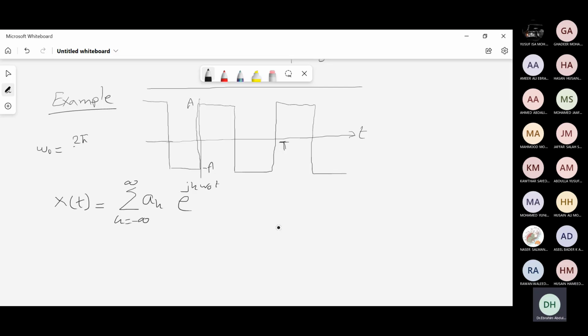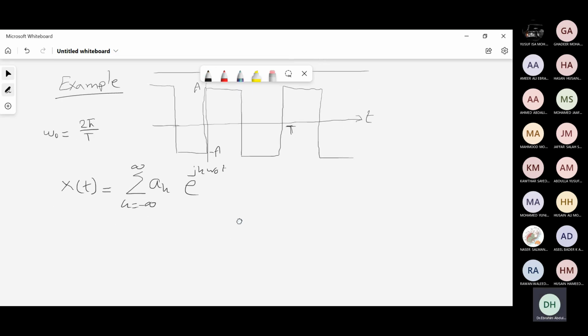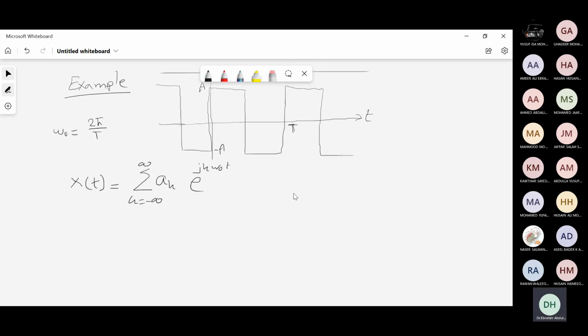It is just equal to 2 pi divided by T, so we can find it directly. How to find a_k? a_k is equal to 1 over T, integration from 0 to T of x of t e to the power of minus j k omega naught t dt.